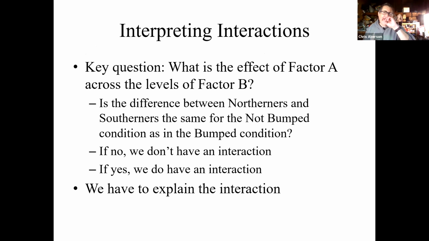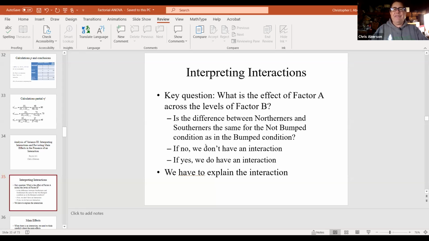So the key question when we interpret interactions is: what's the effect of factor A across the levels of factor B? It could, of course, be the other way around. Is the difference between northerners and southerners the same for the not bumped as in the bumped condition?